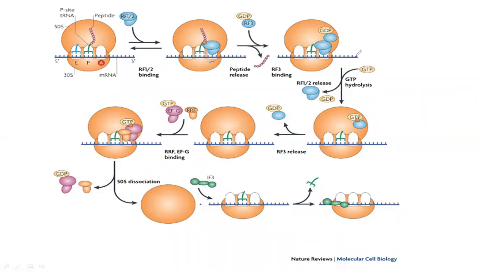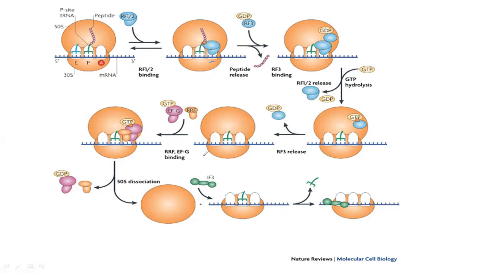Then RF3 is going to bind with this, and GTP hydrolysis will take place, where GTP is converted into GDP. When GTP is hydrolyzed, RF1 and RF2 will release, and RF3 is also going to release.